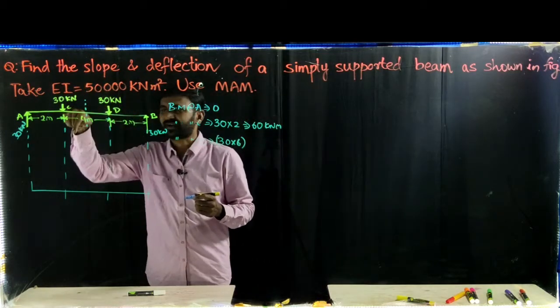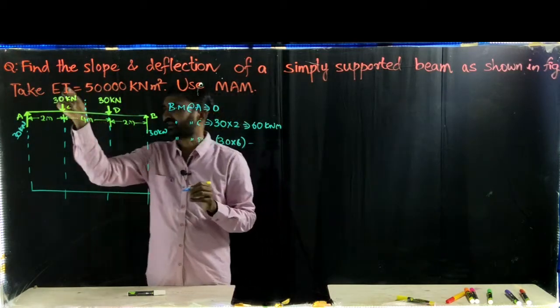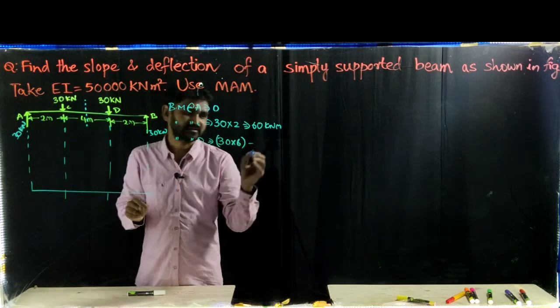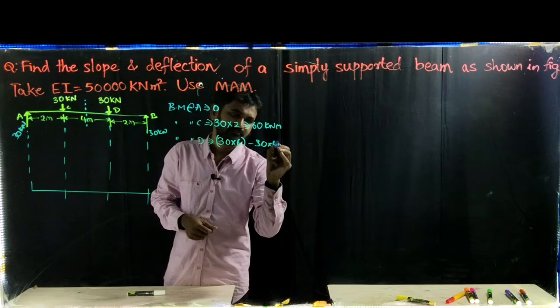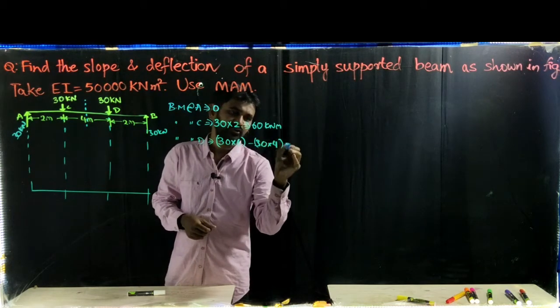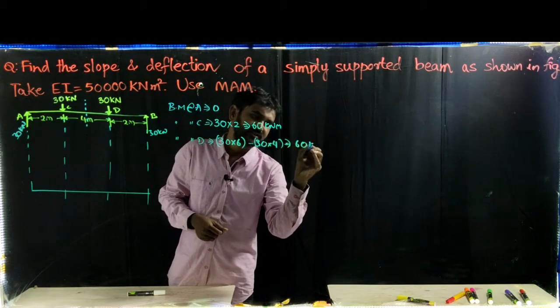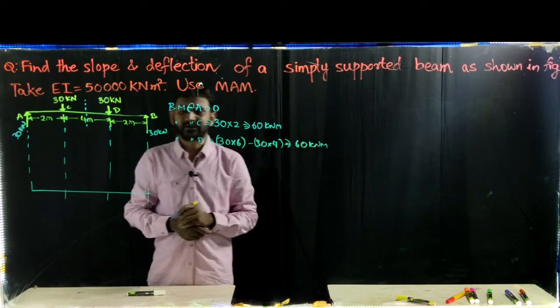Whatever the forces acting, one more load is acting, that is downward. So minus 30. What about the distance? 4. So how much will you get again? 60 kilonewton meter.